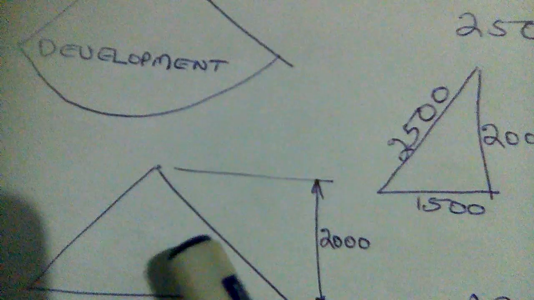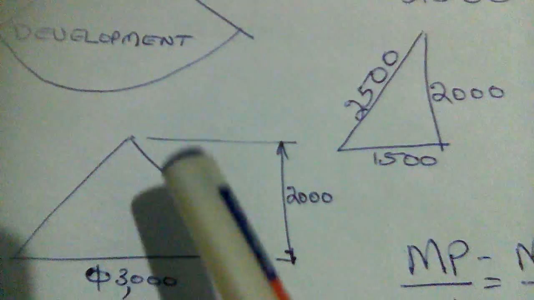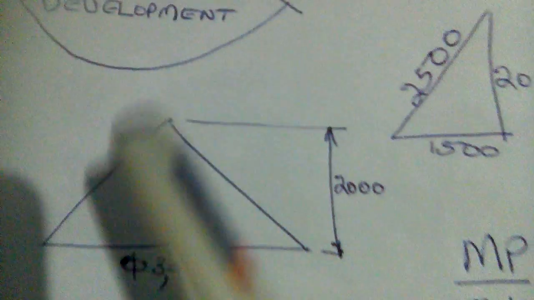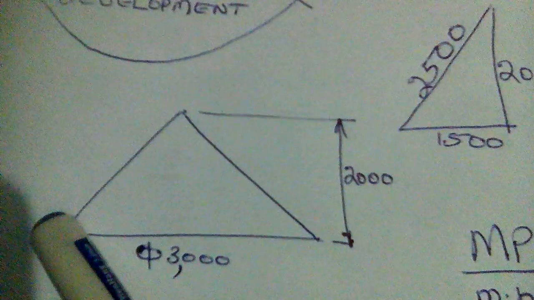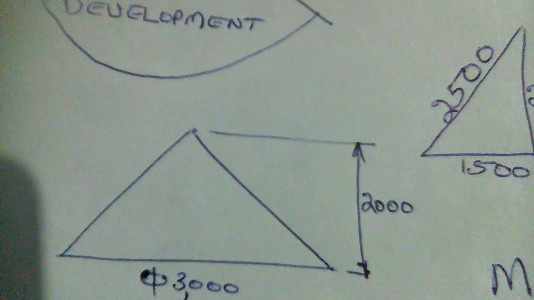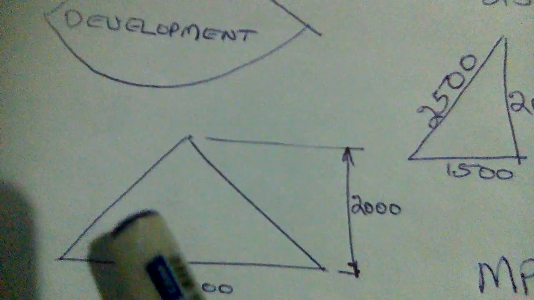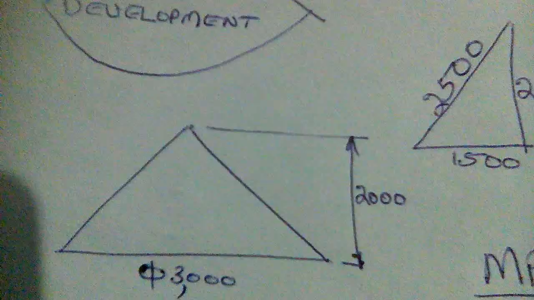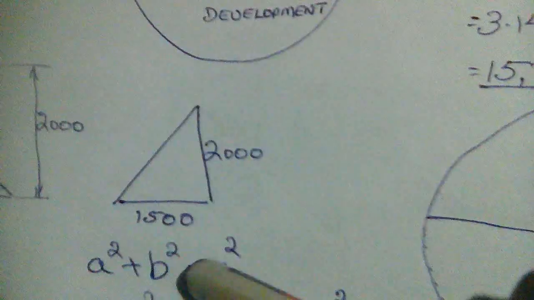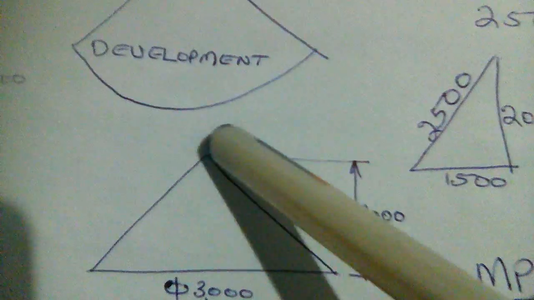Everybody knows how to find out development. First of all we have to make a round using radius. What will be radius? This will be radius. For finding out this measurement, we have to use trigonometrical calculations. Here we shall use a square plus b square is equal to c square. For using it, we have to make a triangle like this.